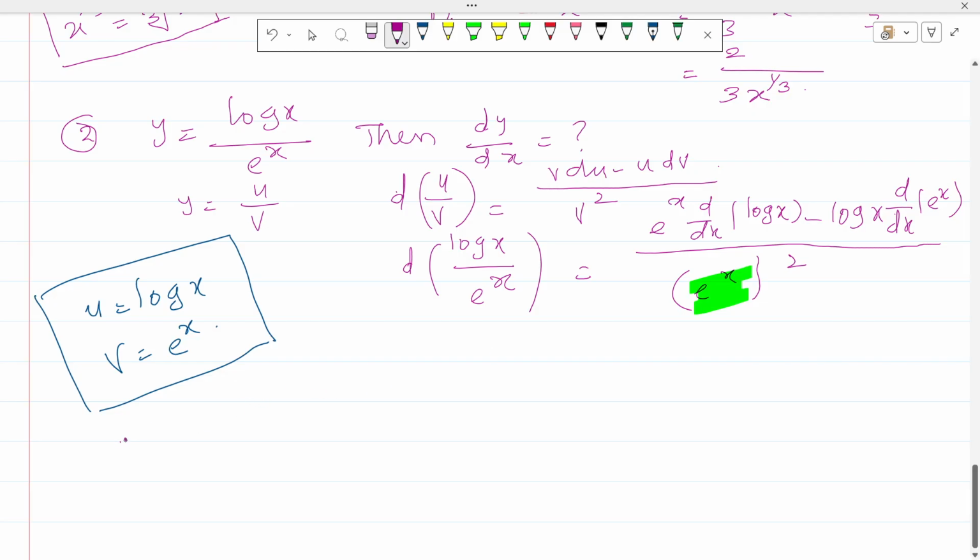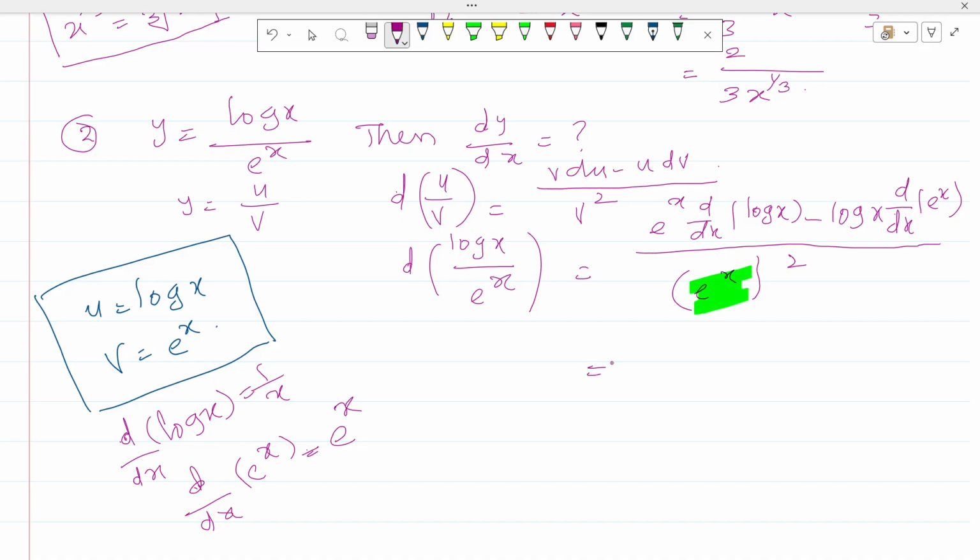We know that d by dx of log x is 1 by x, and d by dx of e power x equal to e power x. So that is e power x times 1 by x minus log x times e power x, divided by e power x whole square.